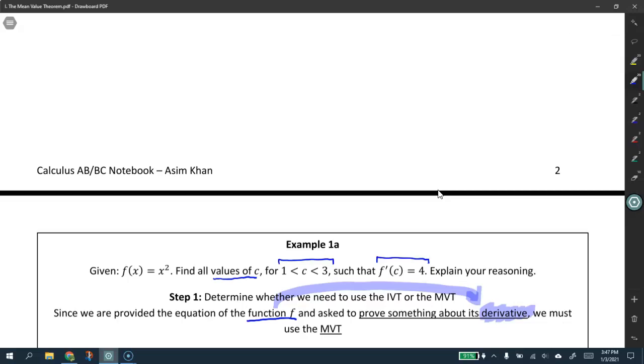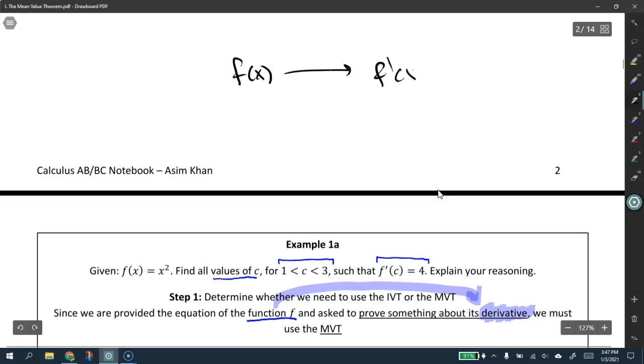That is why you need to use the MVT. If you have a function and you need to prove something about its derivative, you go through the MVT. If you have a function and you need to prove something about the function, that is the IVT.